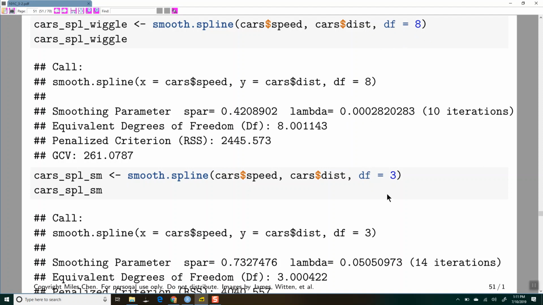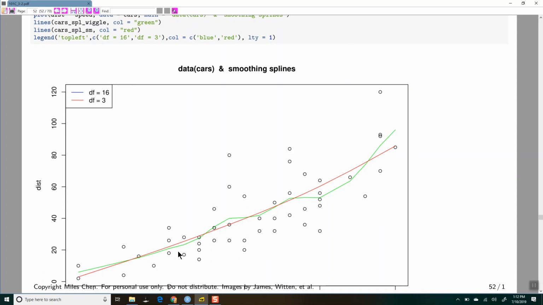And fewer degrees of freedom corresponds to larger lambda, so less wiggle, okay? And so here's degrees of freedom 8, or small lambda, degrees of freedom 3, larger lambda, and this is kind of the fit that we get.